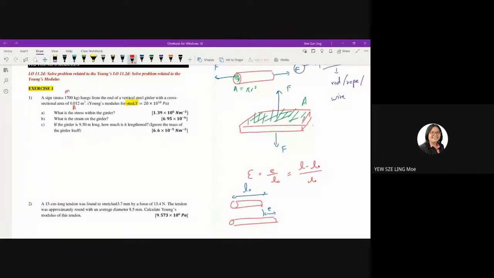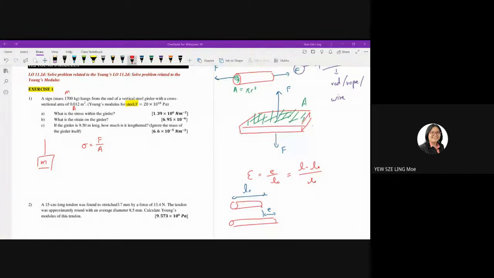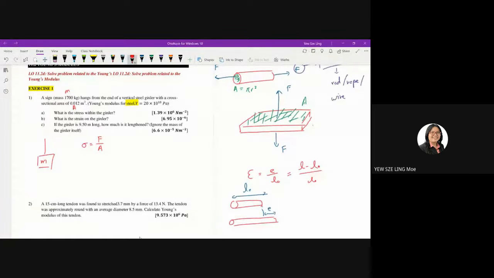Basically you are given a case with a hanging object, which comes with a mass of 1,700 kg. The question is asking for stress. If you recall, stress equals F over A. Like I told you just now, when it comes to stress, most of the time it refers to the string, the girder.